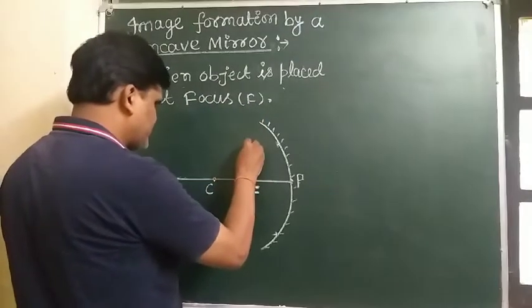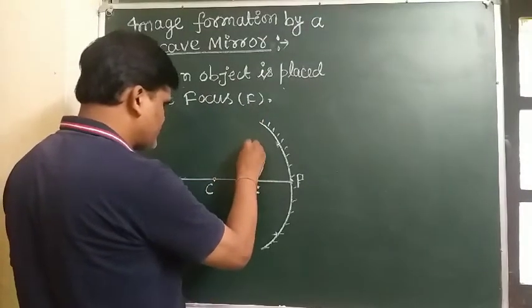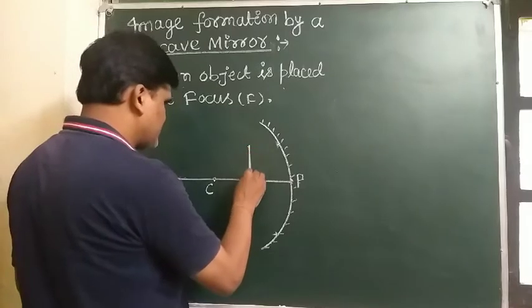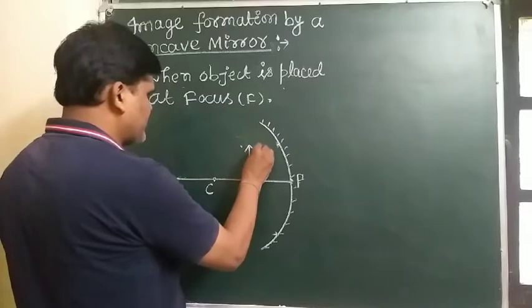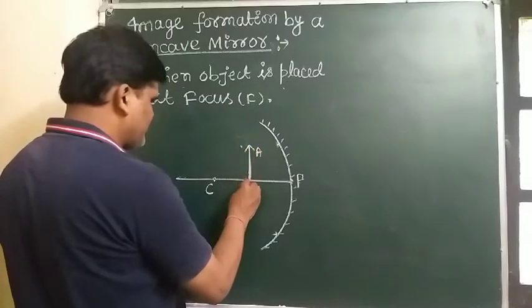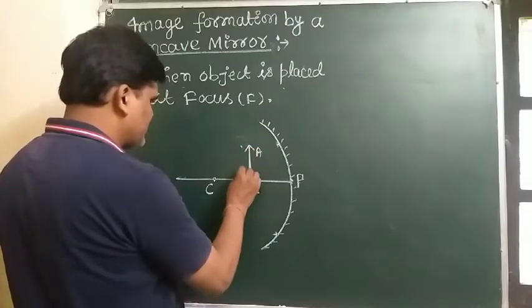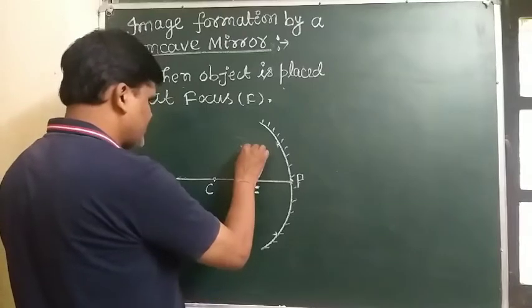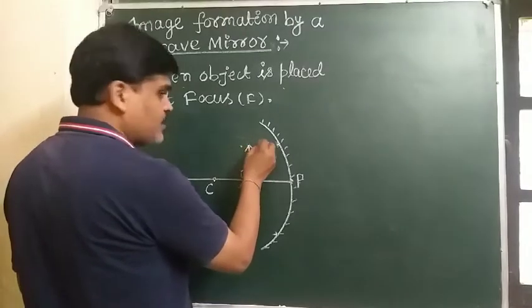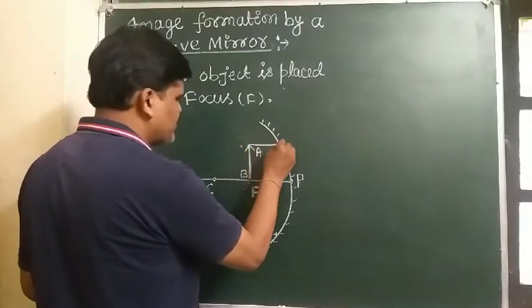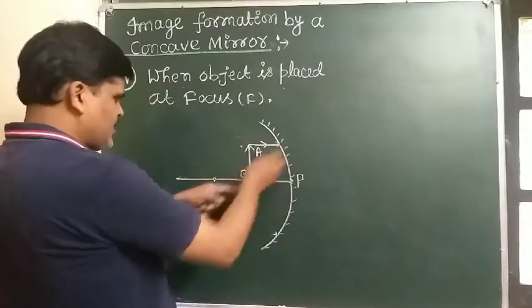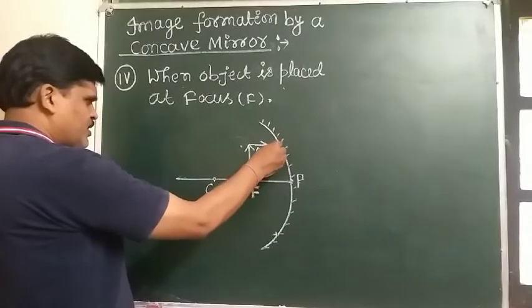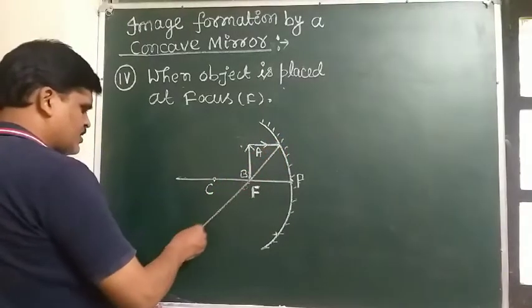So the object is placed at the focus. This is the object AB. We use the properties of image formation: if a ray is parallel to the principal axis, after reflection it passes through the focus.